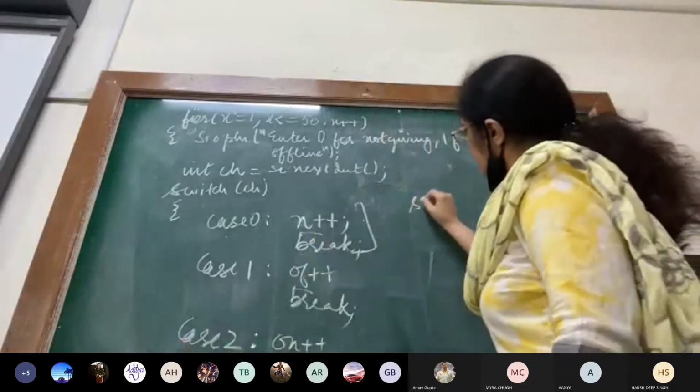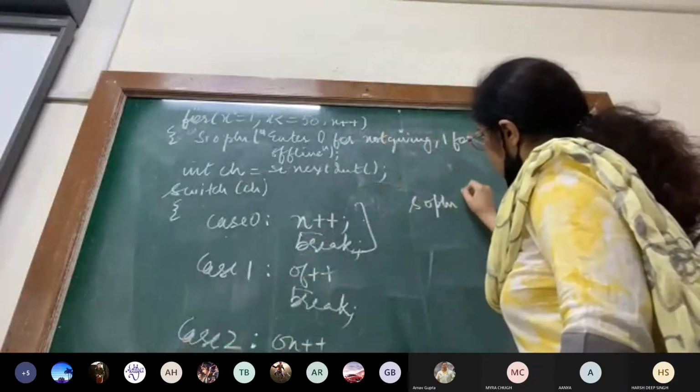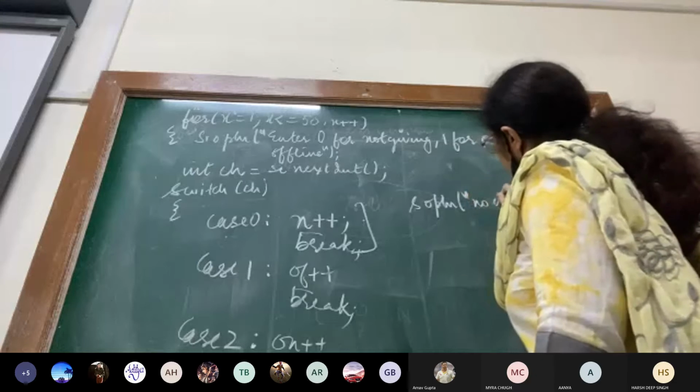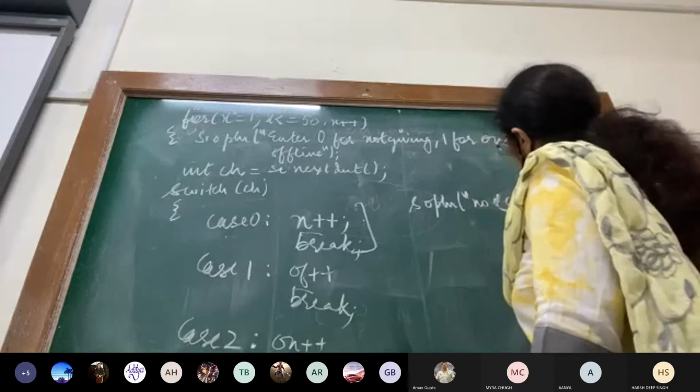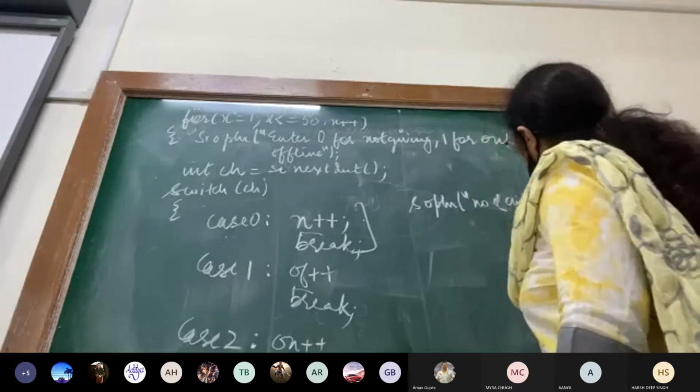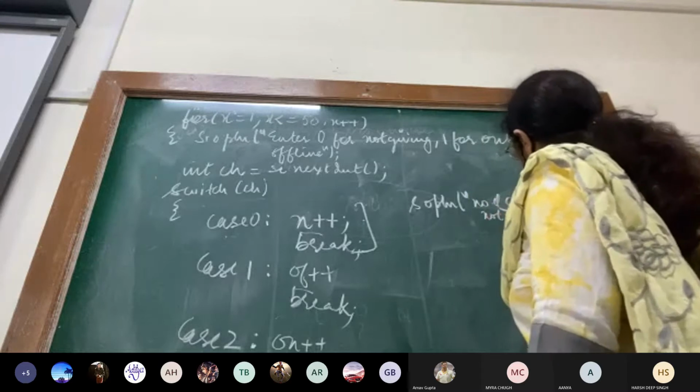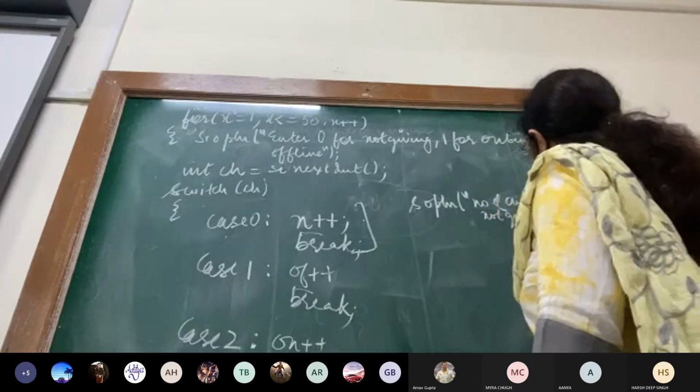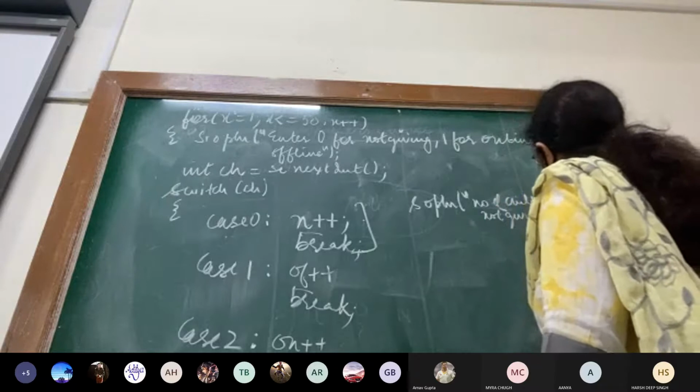After the for, I will be printing system.out.println number of children not giving exam plus n.